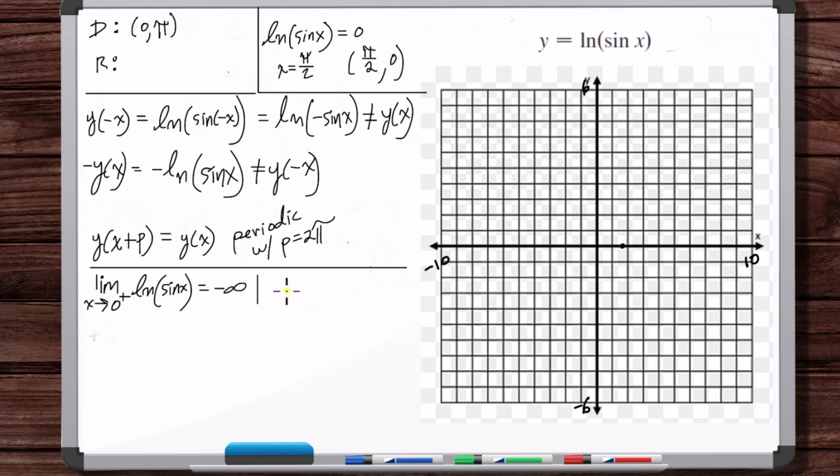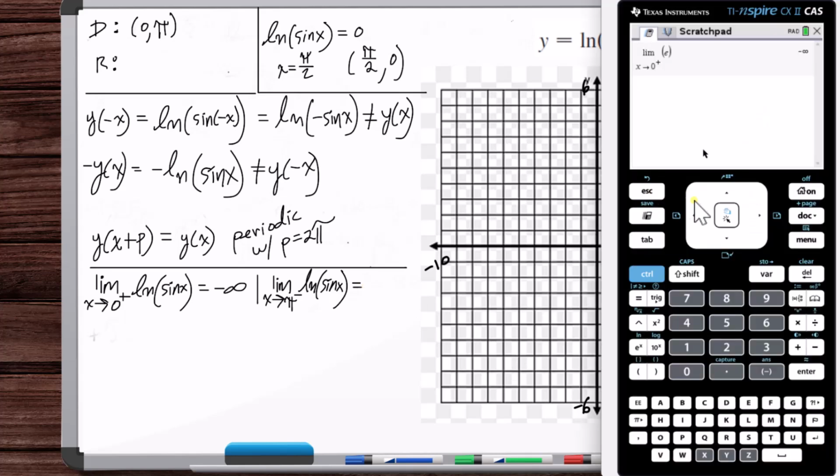Now what is the limit as x approaches pi from the left of natural log of sine of x? As x approaches pi, negative infinity.